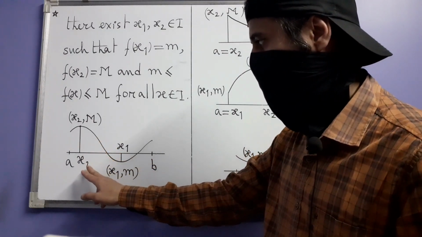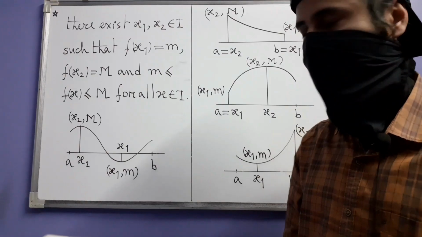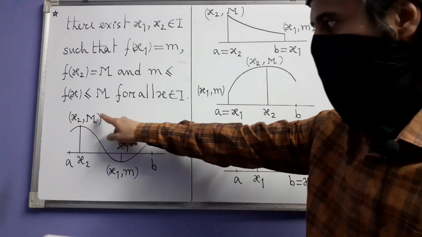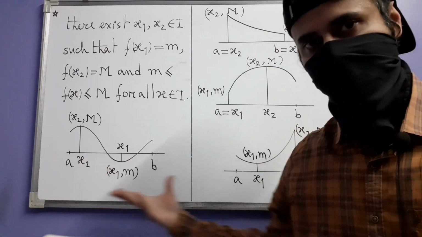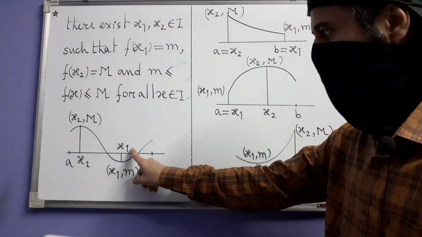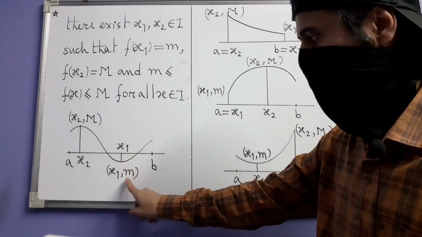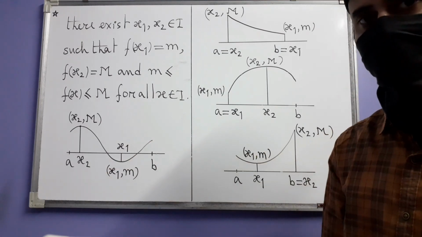So you can see that within this interval, this is a point x2 where the function is attaining its maximum value capital M, which is an interior point of the interval a comma b. Similarly, you have x1 here. At x1, the minimum value small m is being attained by the function.